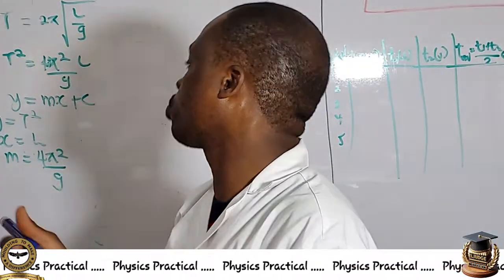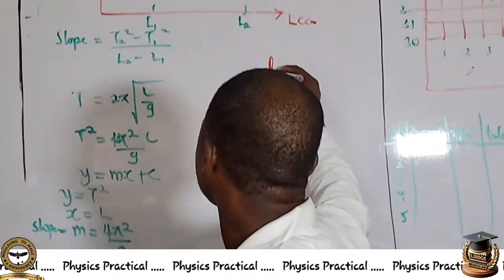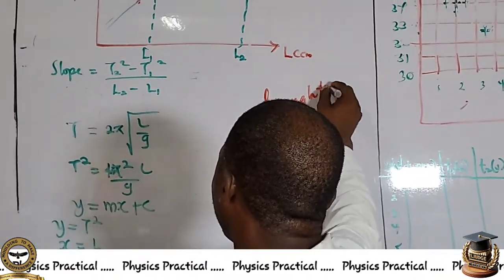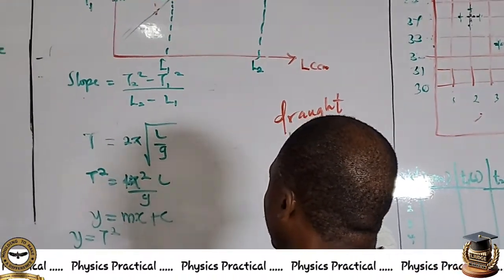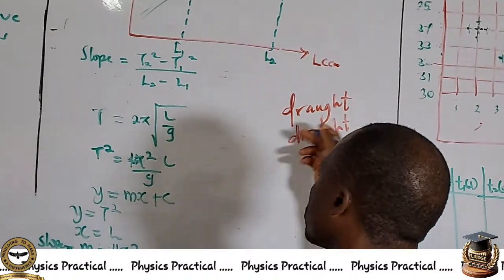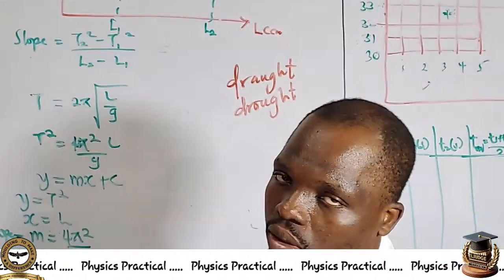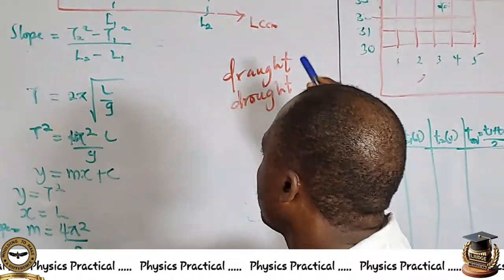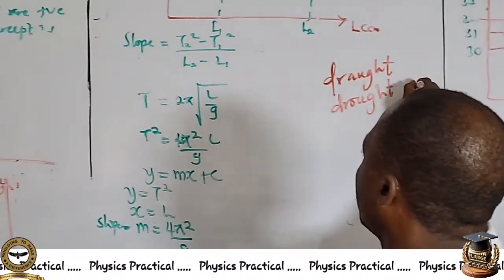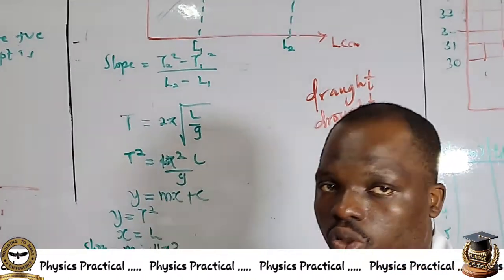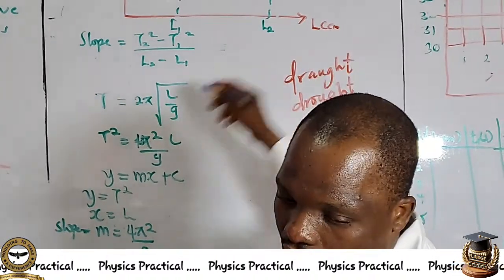Then also I avoided draughts. There is a difference between drought and draught. They sound the same way. Drought is the absence of water. Draught is the presence of air, and this is the one we are making happen.